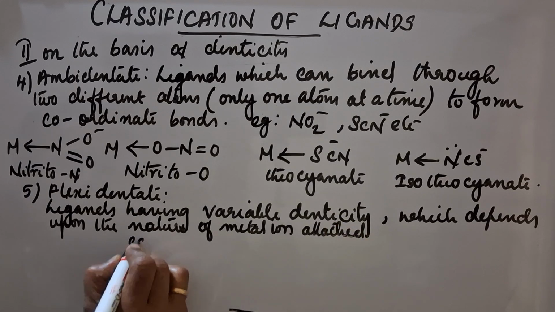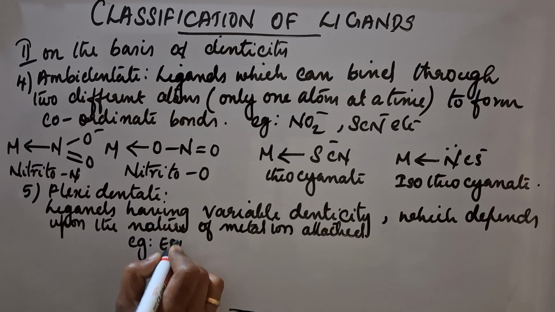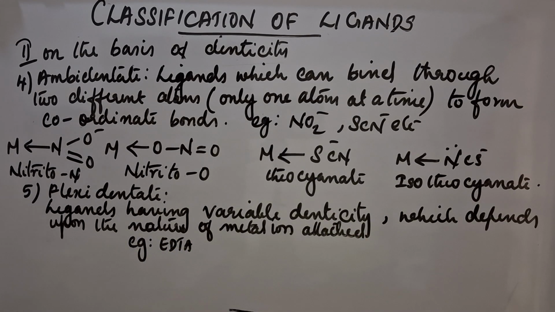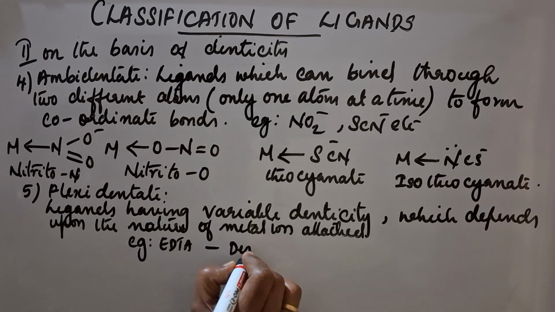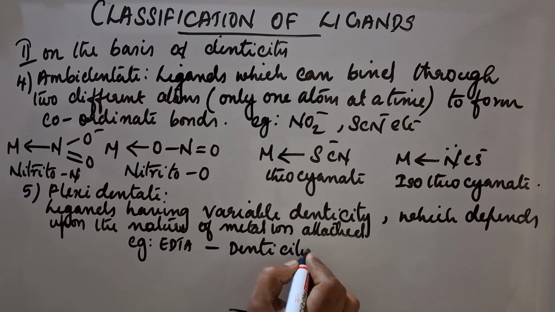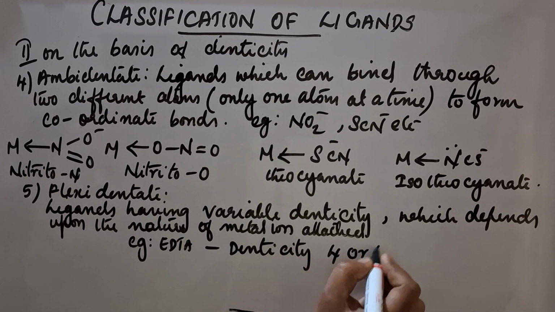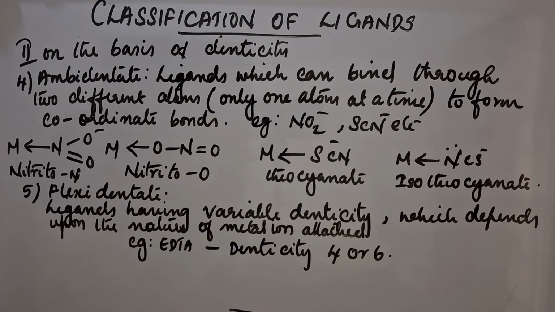Example, in the case of EDTA, the density is sometimes 4 or sometimes 6, depending upon the metal ion attached.